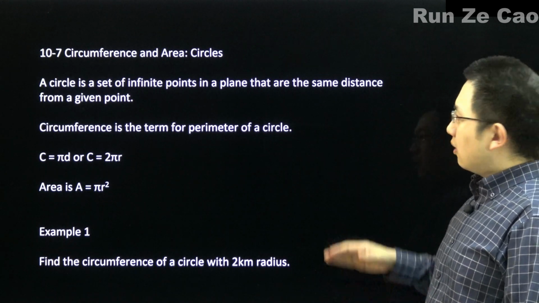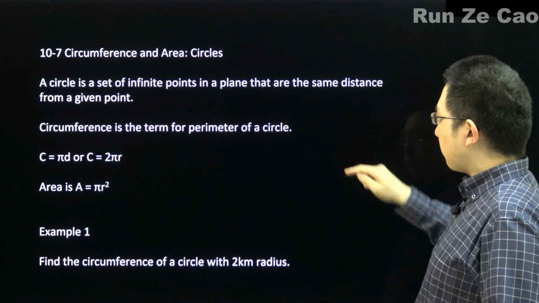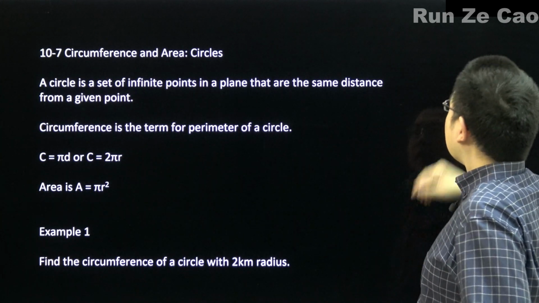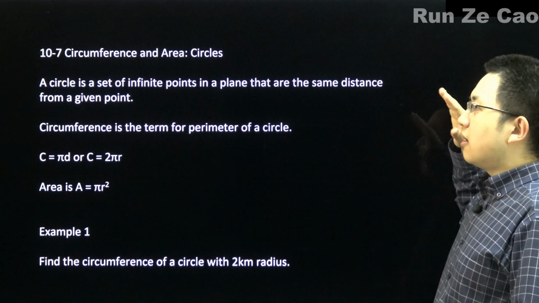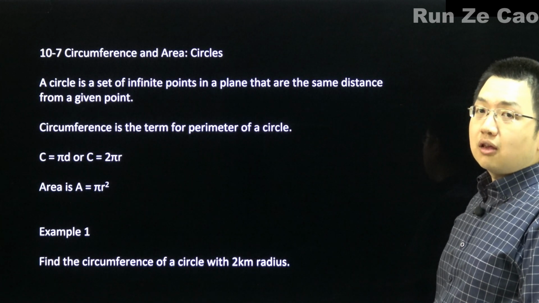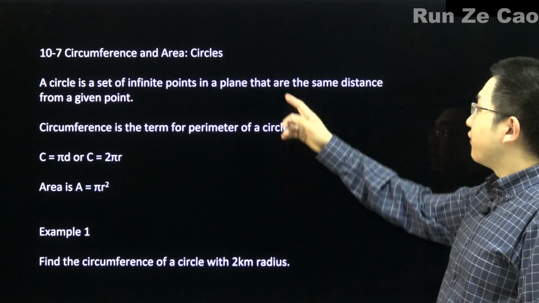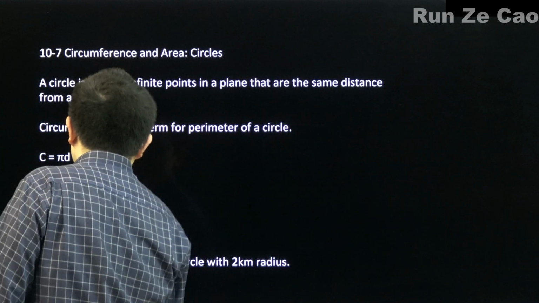When you zoom in on the curve, and keep on zooming in, do you ever find a point at which it stops being a curve and starts turning into line segments? No. It is a set of infinite points that are the same distance from a given point.